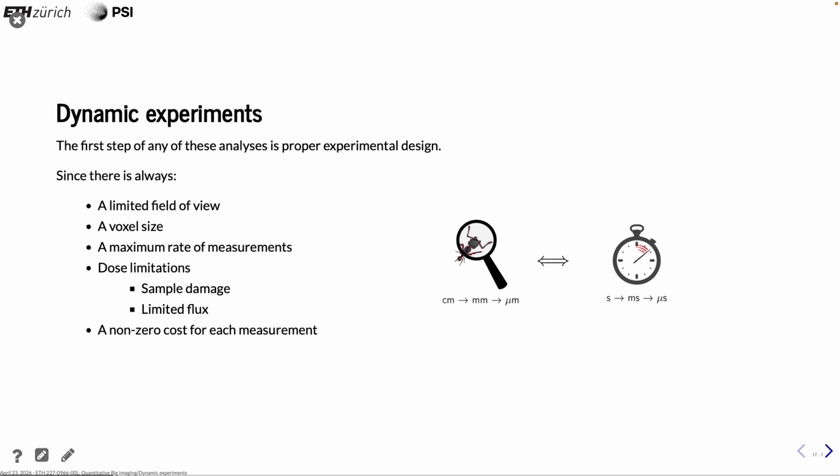And another thing, in particular when you do X-ray, is that you have dose limitations, not only for patients in medical imaging, but also if you go to a synchrotron and hit a delicate sample with the synchrotron beam, it may actually be damaged by radiation damage.